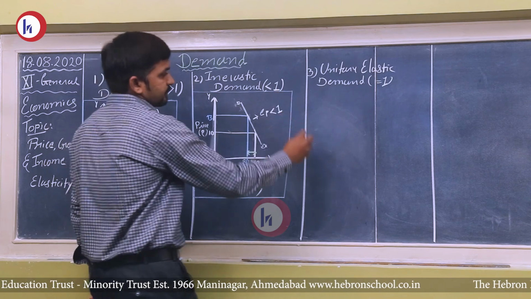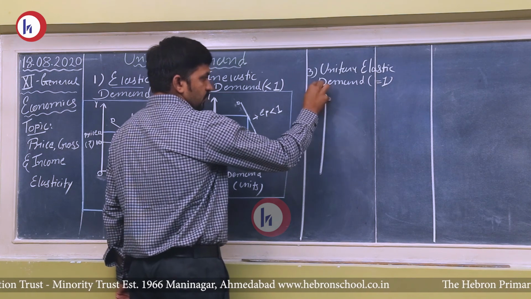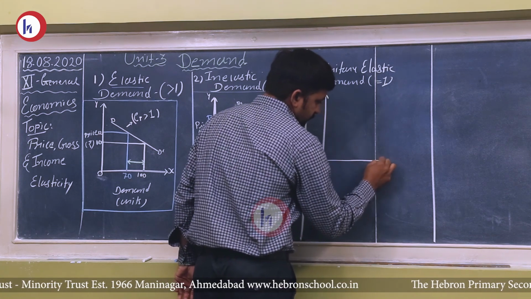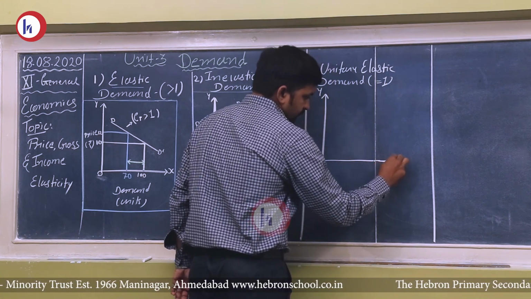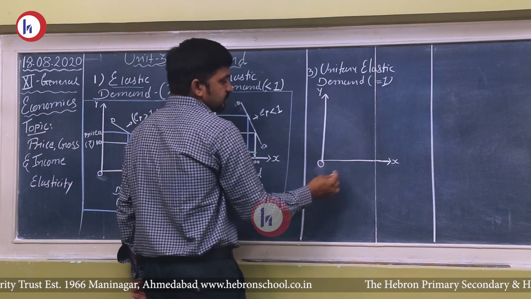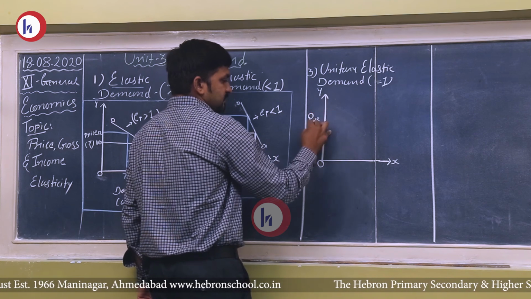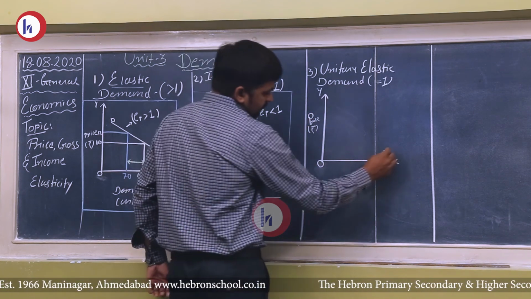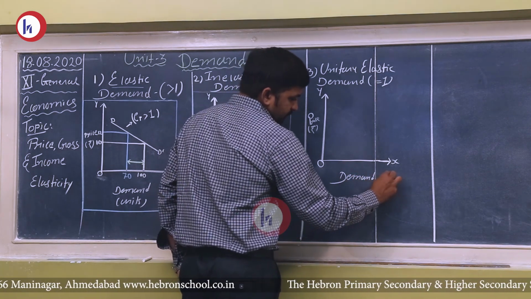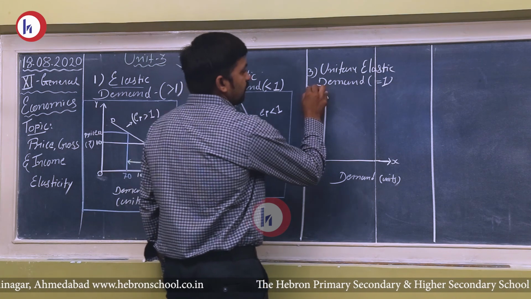So once again, let us draw Y and X here, 0, as decided on y-axis price in rupees, and on x-axis demand in units.